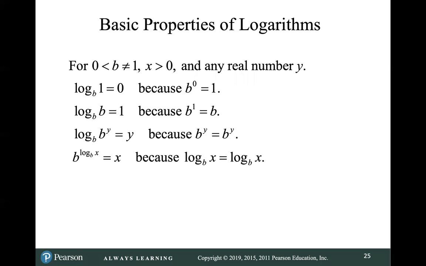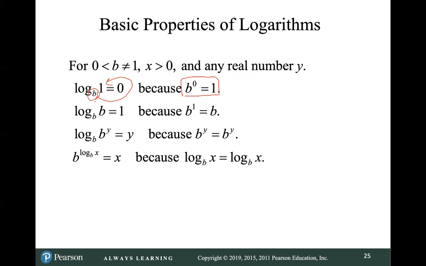Okay, so if we have log base b of 1 equals 0, well, if I circle the base and I go around, that would give me b to the 0 equals 1. So really what we're doing is we're taking this exponential equation that we know to be true, and we are applying it to the logarithmic form so that we can see some of these logarithmic properties.